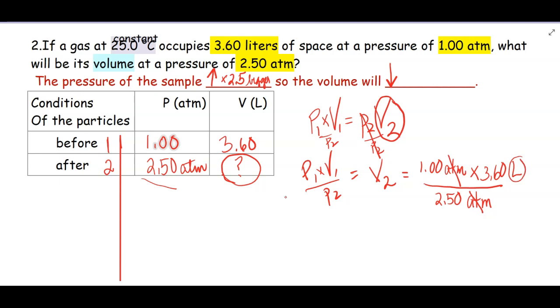All right, so let's do 1.00 times 3.60 divided by 2.50. I'm going to look and make sure that I typed what I thought I did.